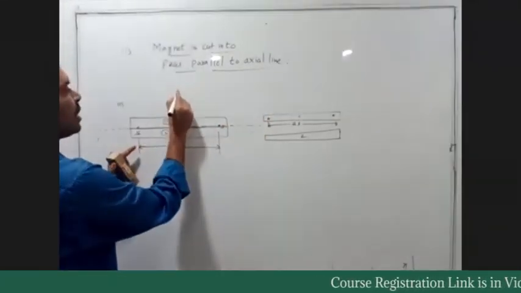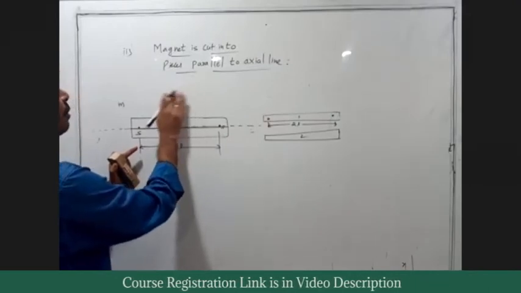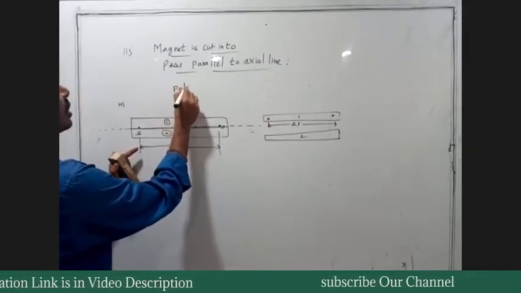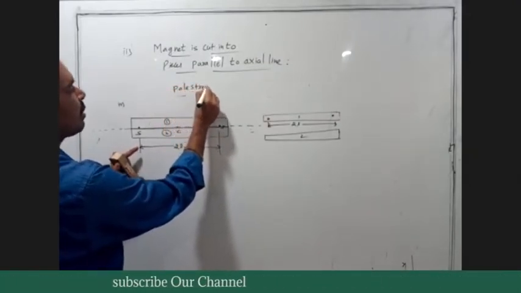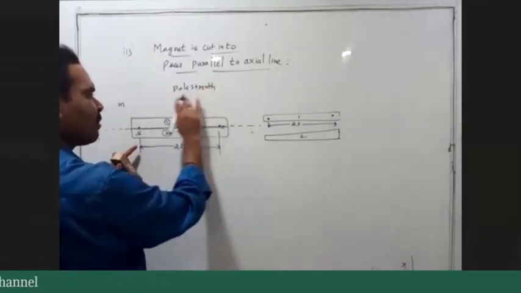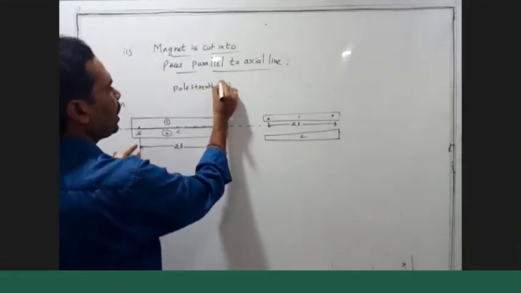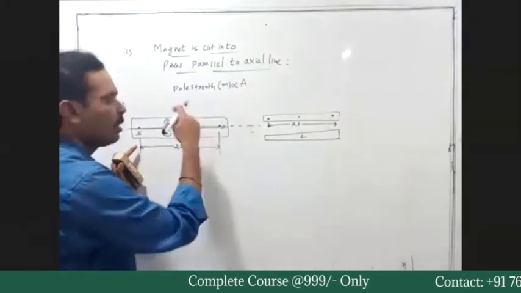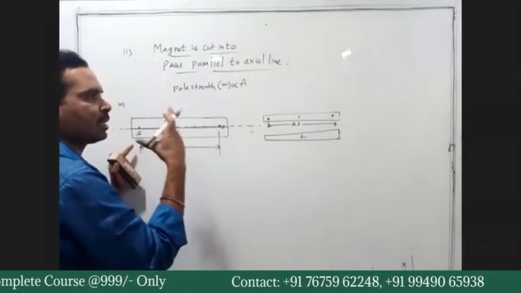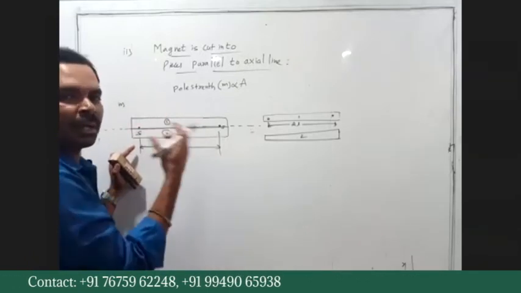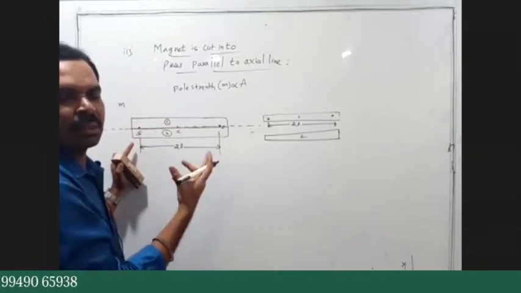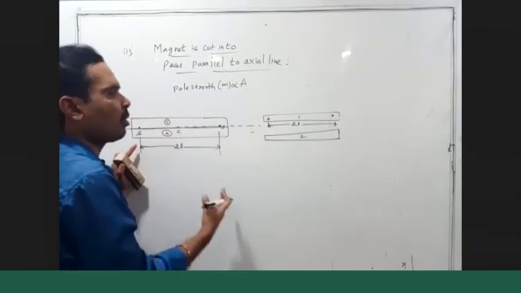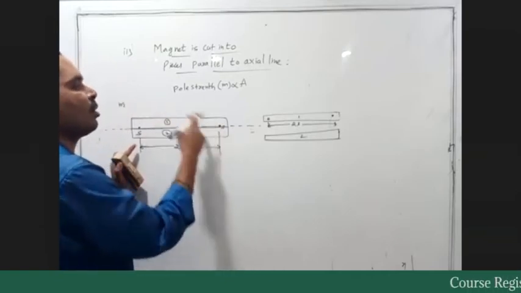The pole strength M of the magnetic material depends on its area of cross section. When the area of cross section is more, there are more atoms per unit volume, so the magnetic moment is more and the pole strength is more.